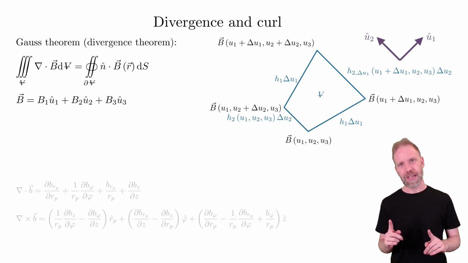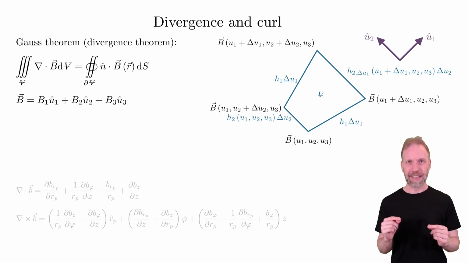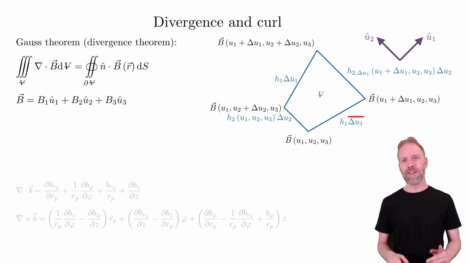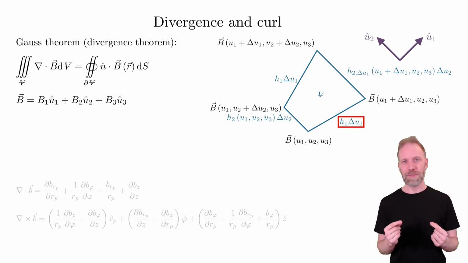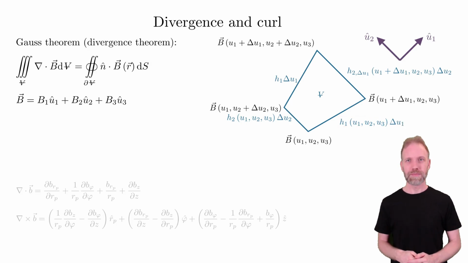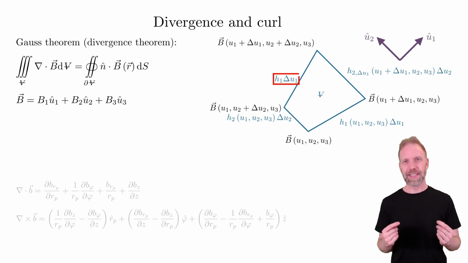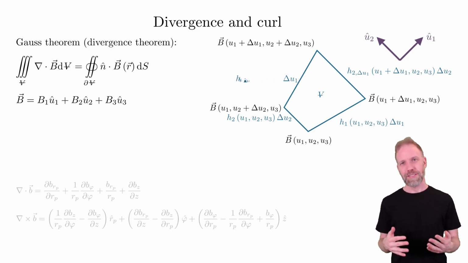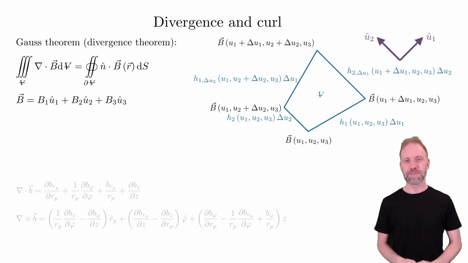For future use, I have added delta u1 in the index of the name, so we can drop the arguments later. For the general case, we should do the same for the u1 direction. This is the base position, and this is when we have added the step delta u2. Again, we'll add delta u2 to the index.